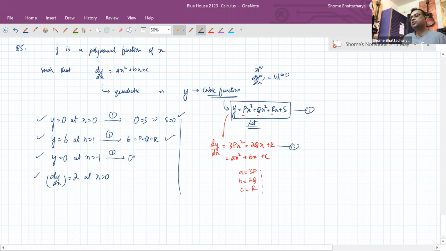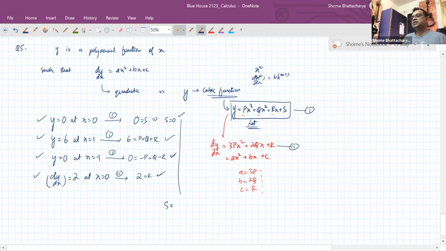So y should be 0 when x is -1. So this is minus p plus q minus r. And this one is about rate of change. So we substitute this in the second equation, which is about rate of change. So dy by dx should be 2 when on the other side x is 0. So we get this third relation.